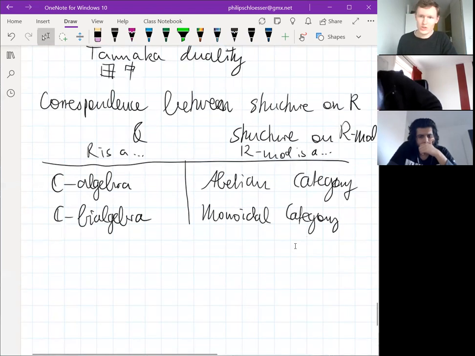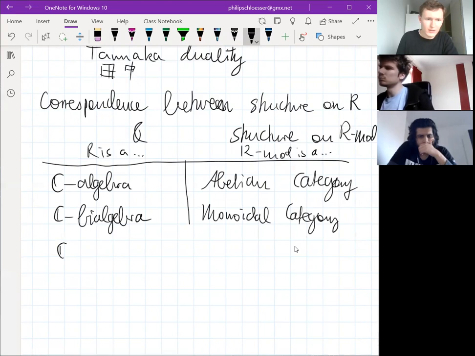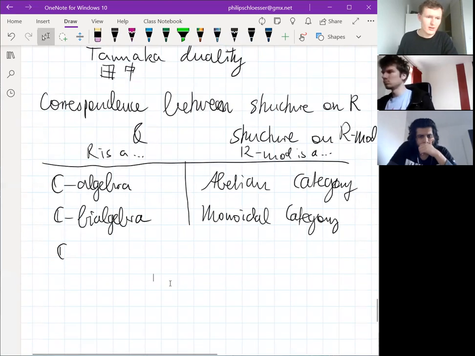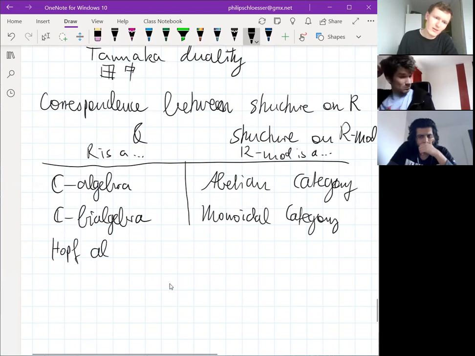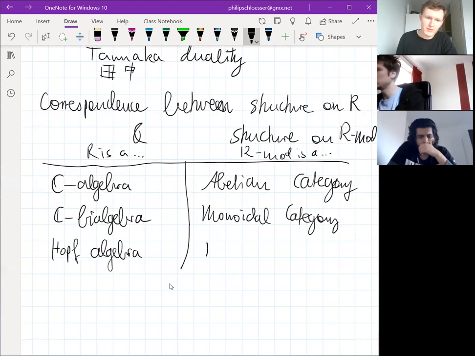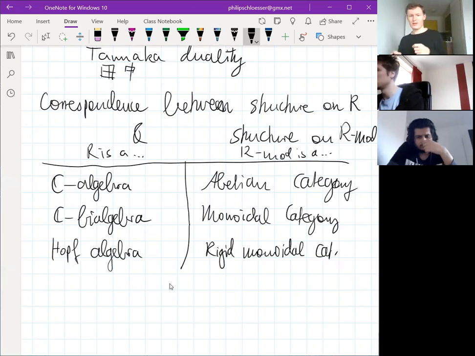And then, which I guess we're going to explore further, if it's a Hopf algebra, then we have a rigid monoidal category. Meaning that we can take tensor products and we can take duals.